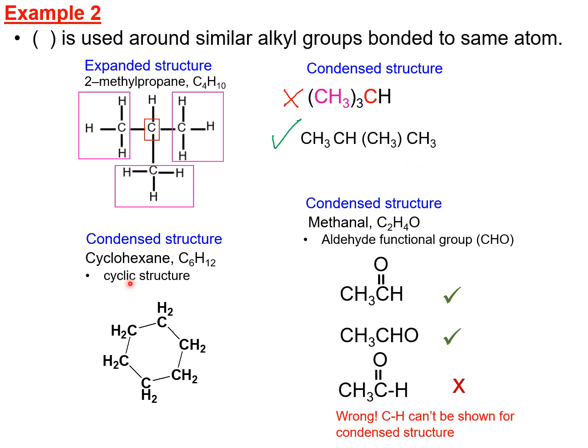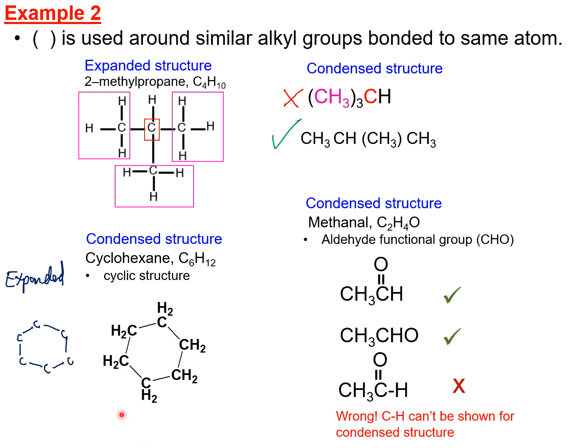Okay, next is how to draw the condensed structure for cyclohexane C6H12. C6, if it is a cyclic structure, has a hexagon shape. If you don't know how to draw the condensed structure, you can always start with drawing the expanded structure first. To draw the expanded structure for C6H12, draw a hexagon polygon 1, 2, 3, 4, 5, 6.